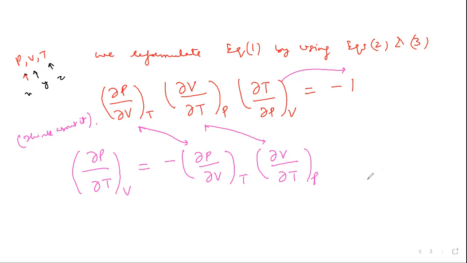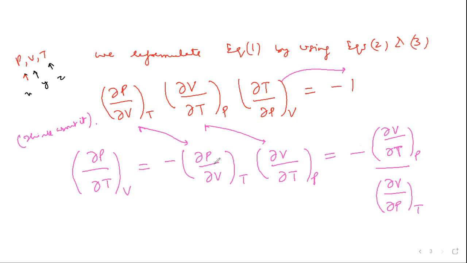What I do, I write it equal to minus dou V by dou T at constant P over dou V by dou P at constant T. What I do, I write it dou V by dou T at constant P. So this I have kept as it is.